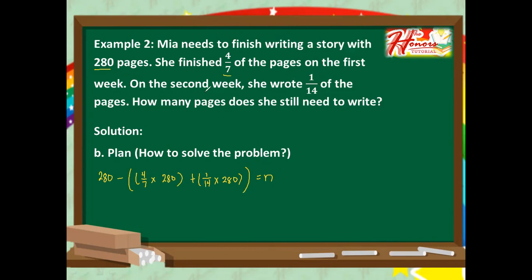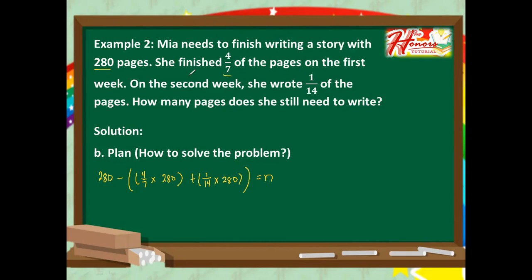So why is this the plan? I want you to notice this. Mia has a goal to finish writing a story with 280 pages. It is stated here that she finished 4 over 7 of the pages on the first week.